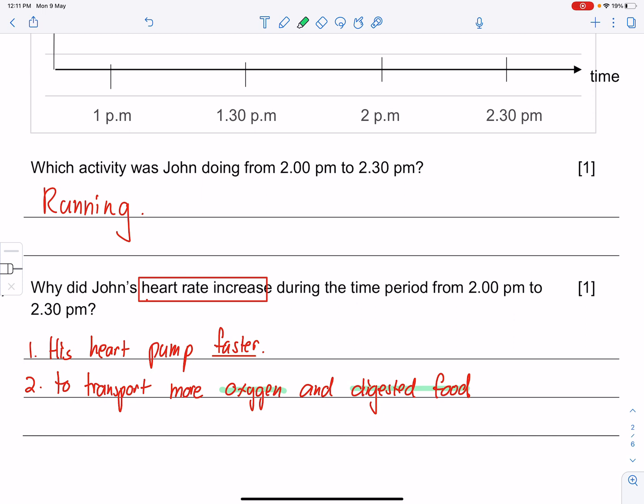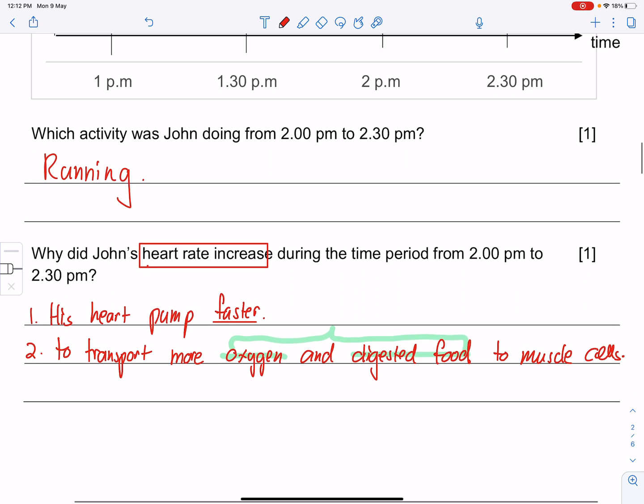You get a deduction. Together, it is 1 point. And then after that, to where? To muscle cells. Now, if you say to all parts of the body, we will accept it. However, I want to train you to be discerning, to be able to understand that it is the muscle cells that need more energy because you're talking about an exercise, right?